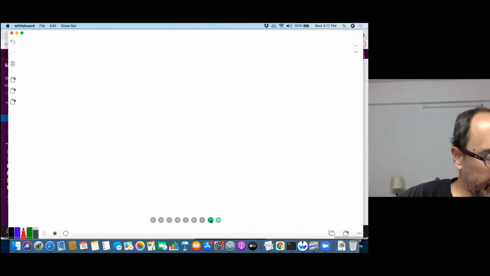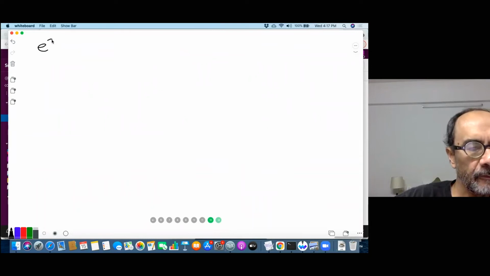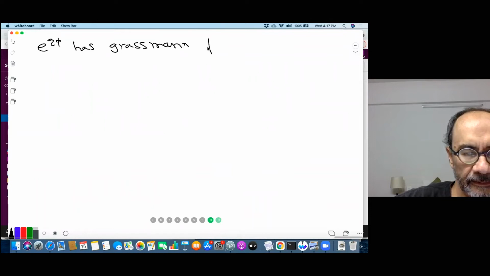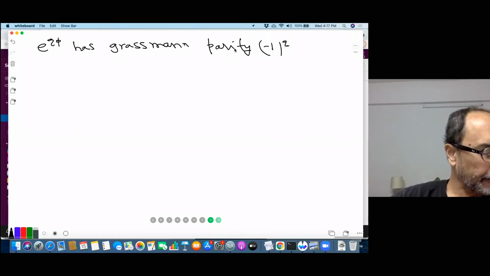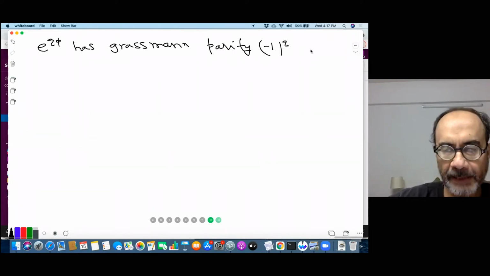So the point is that e to the q phi has Grassmann parity minus 1 to the q. This will also become clear when I write down the operator expansion. This is despite the fact that phi is a boson.